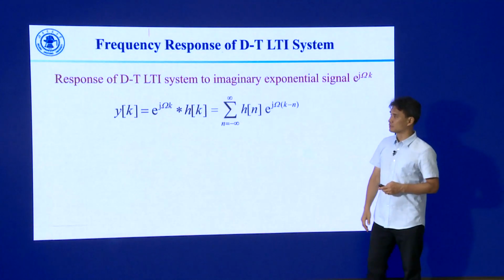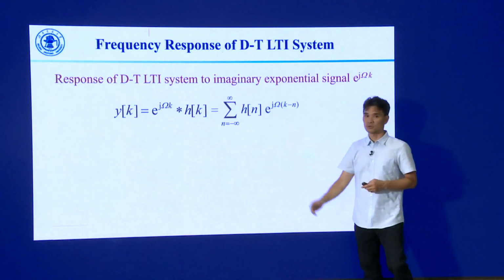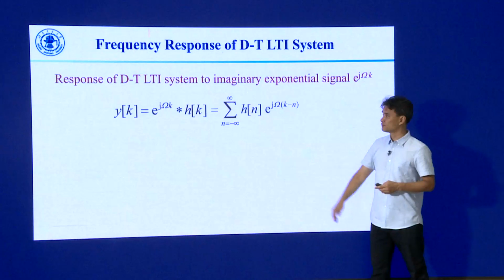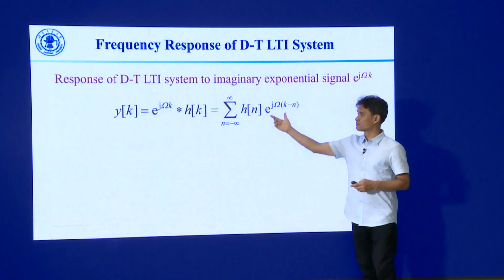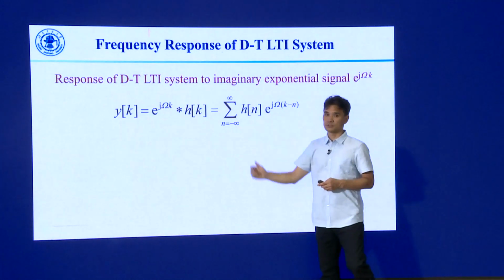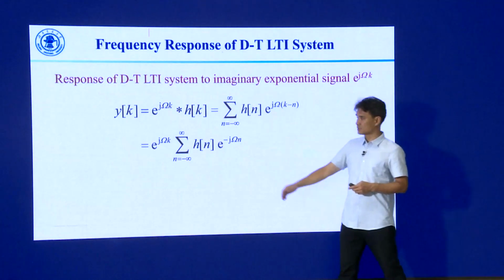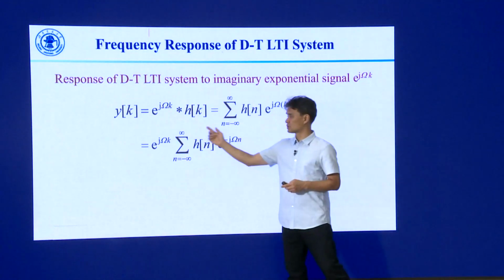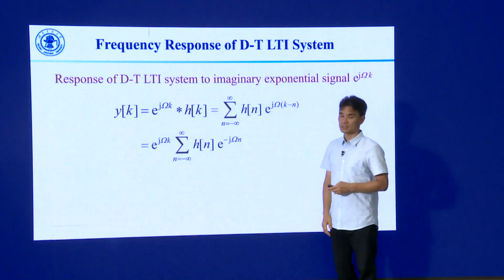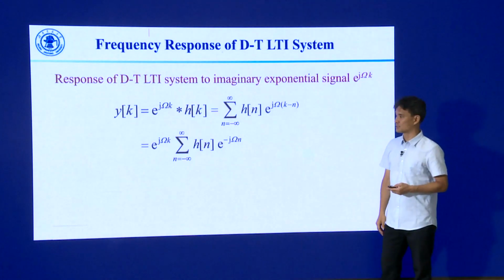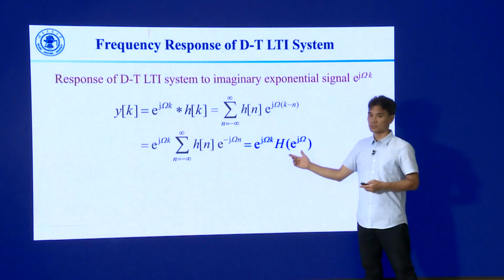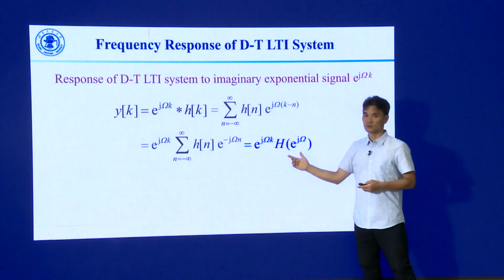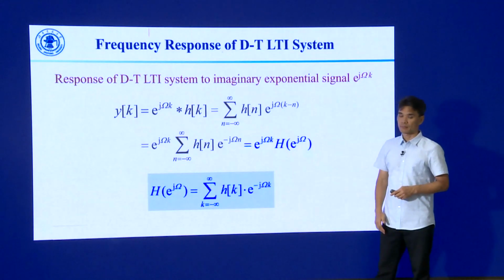Now we plug in the definition of the convolution. And if you move this part outside the summation, you get this new equation. If you look closely at the inside of the summation, you will realize that this actually is the discrete time Fourier transform.